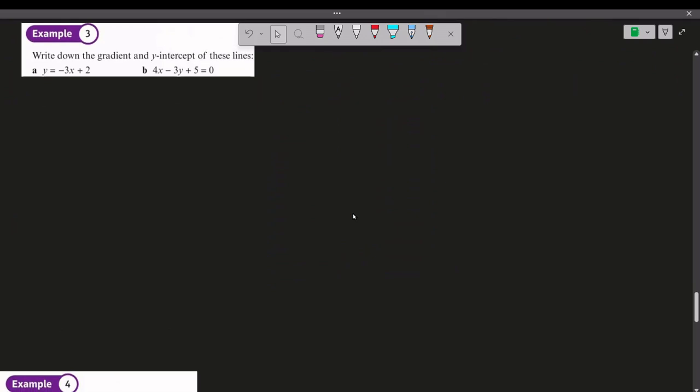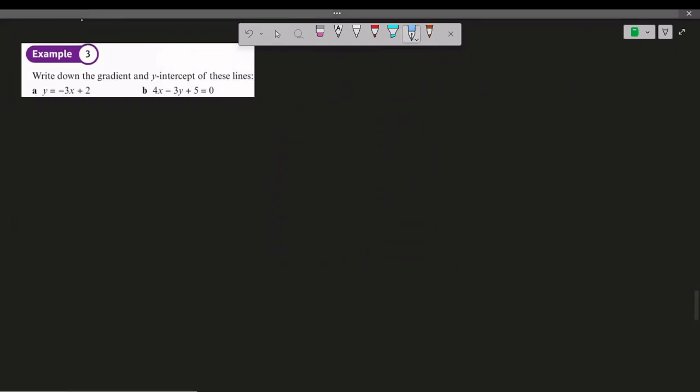Let us take this question. In part A, write down the gradient and y-intercept of the line. They have given you an equation: y equals minus 3x plus 2. Just now we saw this is in the form of y equals mx plus c.